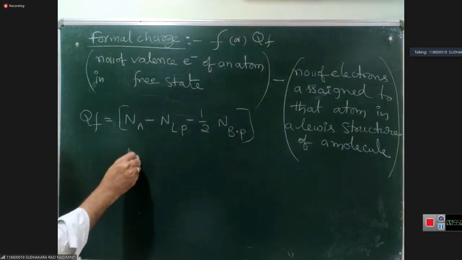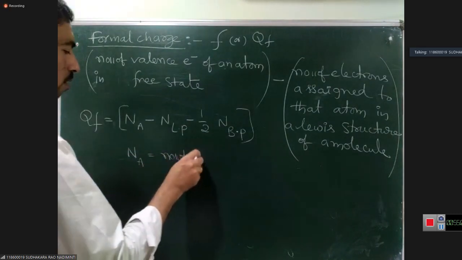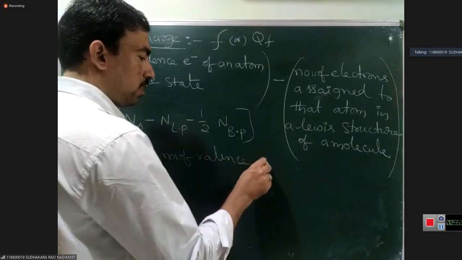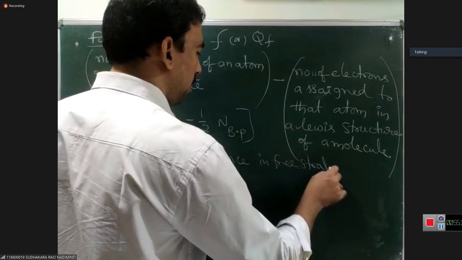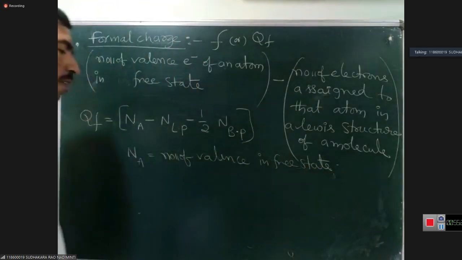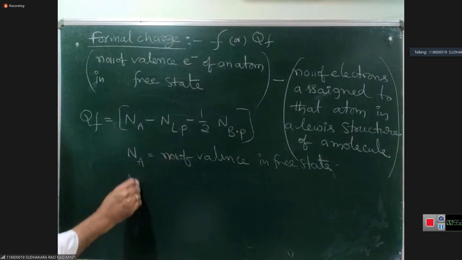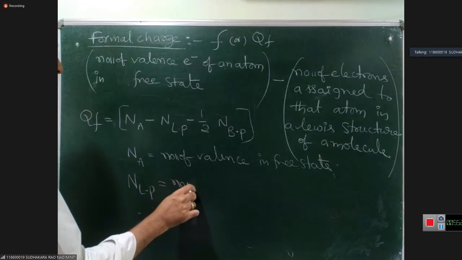What is Na? Na is the number of valence electrons in free state of an atom. NLP is the number of electrons as lone pairs.